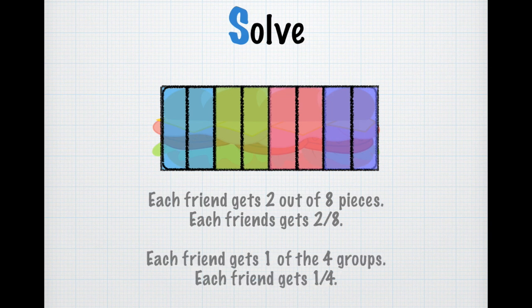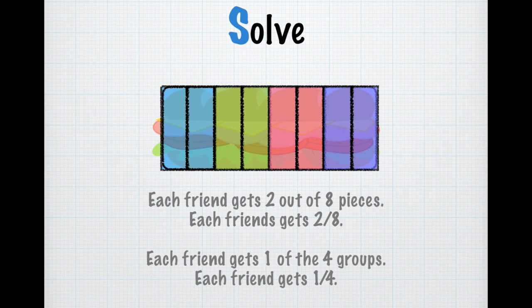Each friend is going to get 2 out of 8 pieces. So each friend will get one of those colored sections. And since each friend is getting 2 out of 8 pieces, that means that each friend is getting 2 eighths. Each friend is also going to get one of the 4 groups.